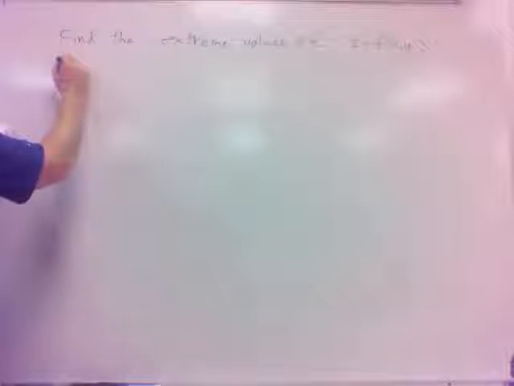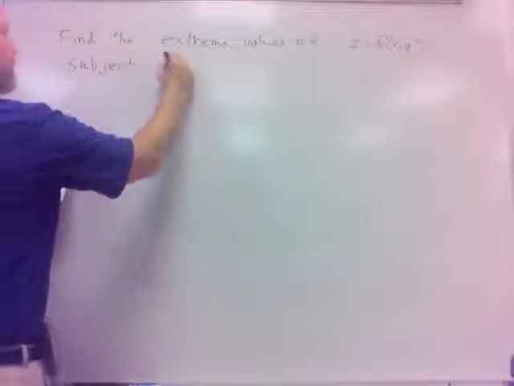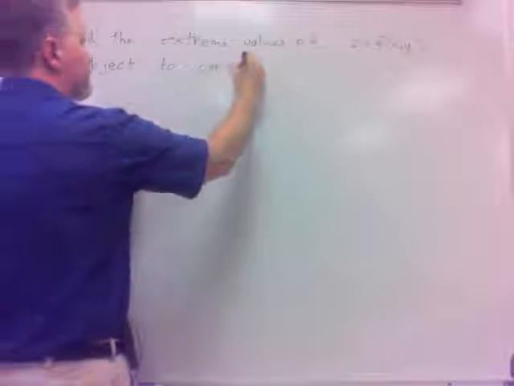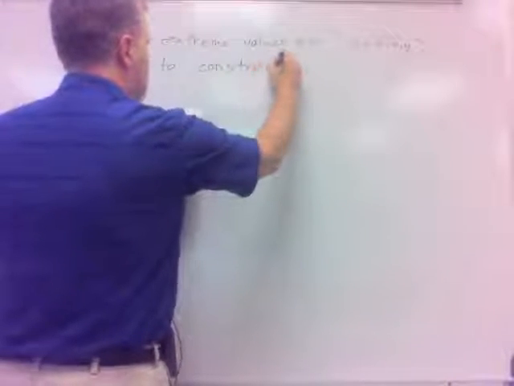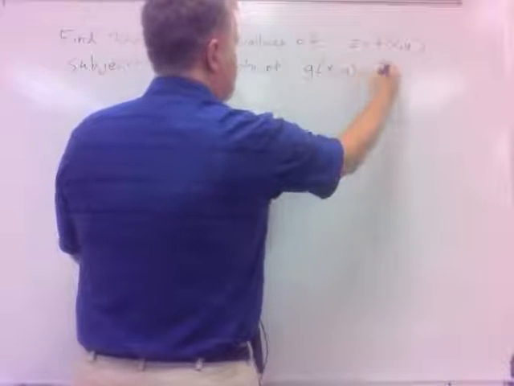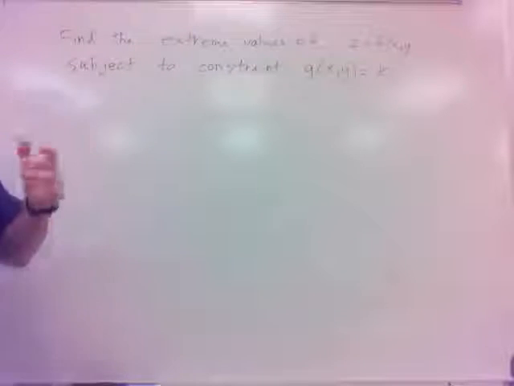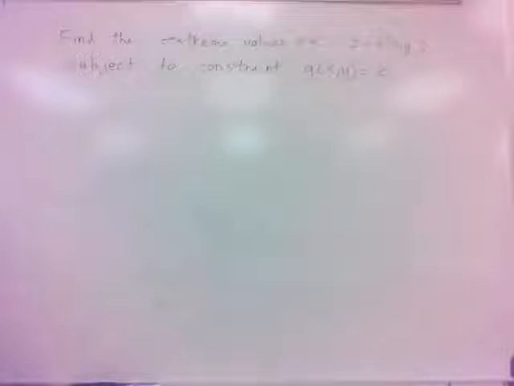And we want to make that subject to this constraint, another two-variable function, say, is equal to some constant. Very similar to, like the volume problem. Find the minimum surface area if the volume is equal to this certain value.